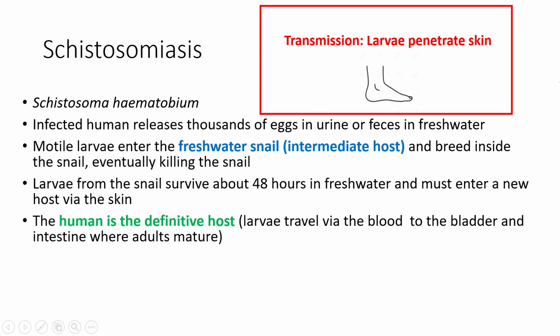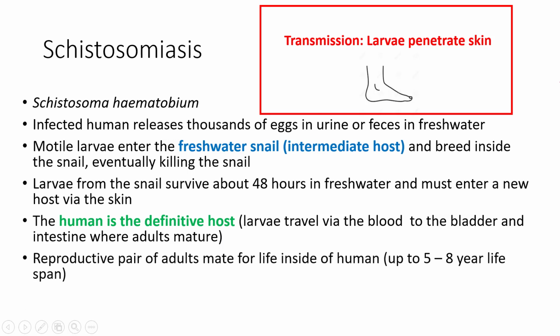This is also a lengthy process where it could take a while for the larvae to make their way to the bladder and the intestines, but those two locations are where the mature adults like to live and attach. The male and the female are separate species, and they form a reproductive pair, and they mate for life inside the human.